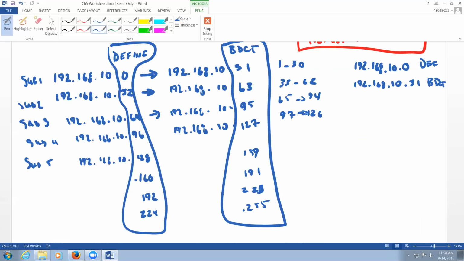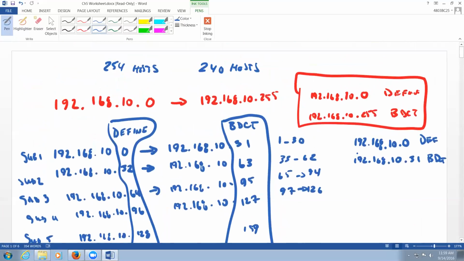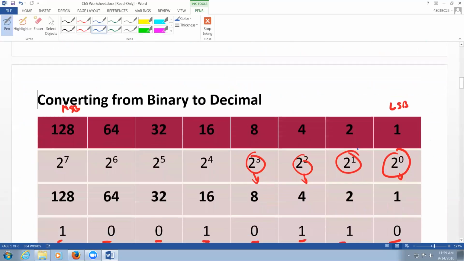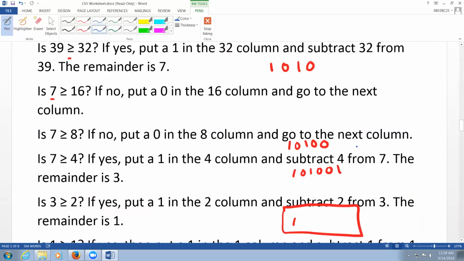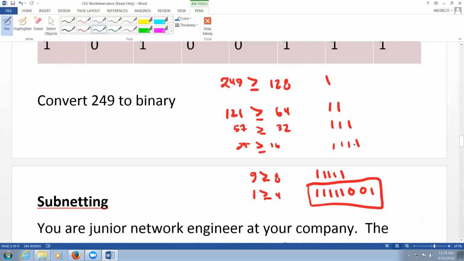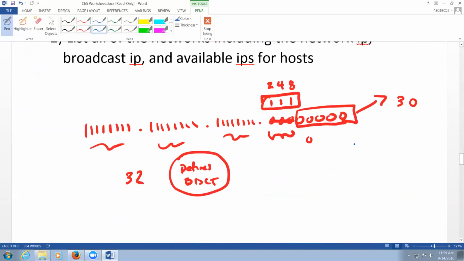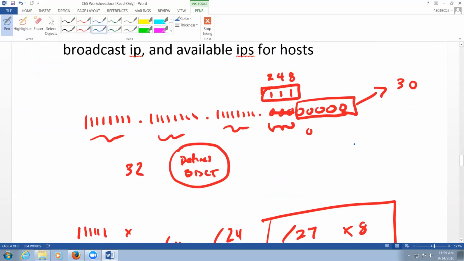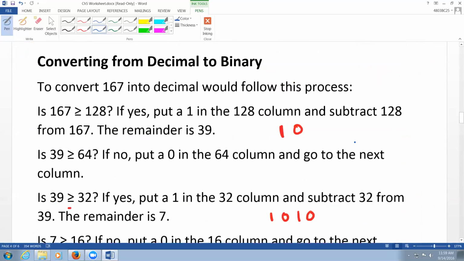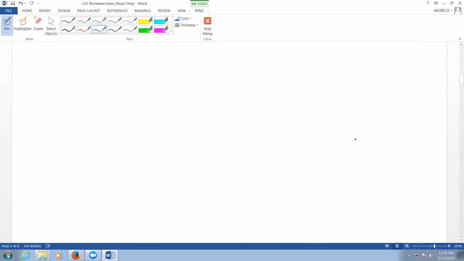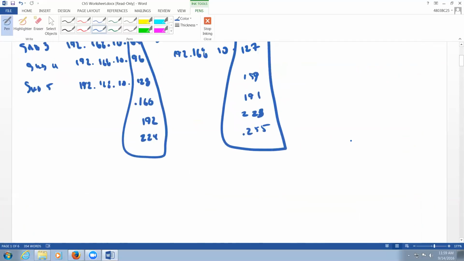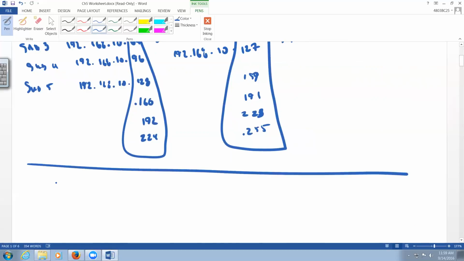Now, if we did this with only needed 4 subnets, those numbers would have changed. Okay, so everybody hear David's question? Let's say the network engineer said, all right, I changed my mind, you only need 4. How does that change our picture? So how many borrowed bits now? 2, right?